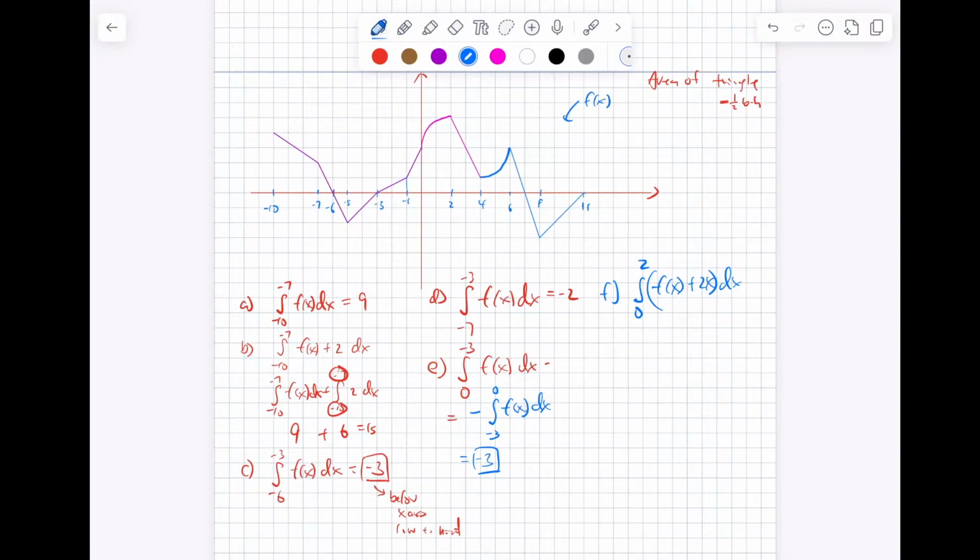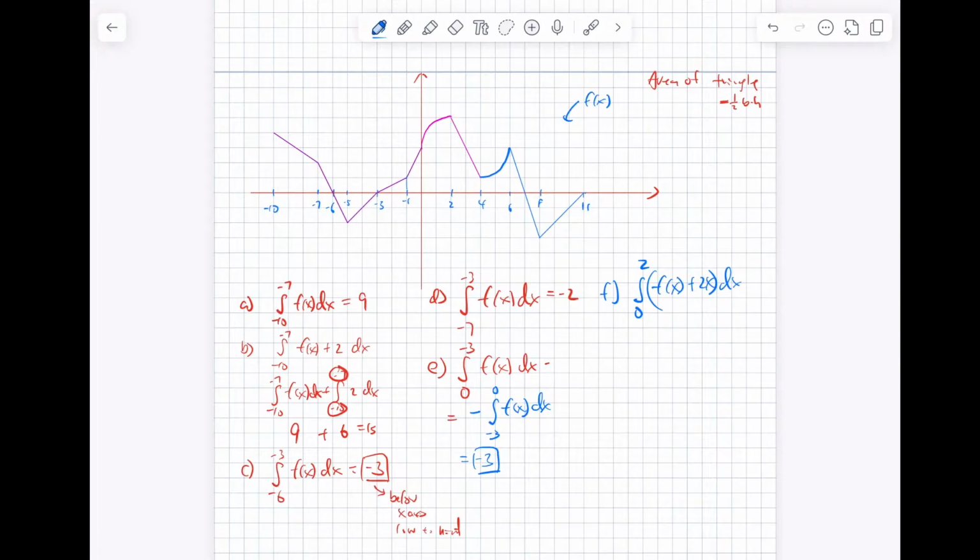F of what? 2x. Using all the properties you learned. All right, so anybody got a value?